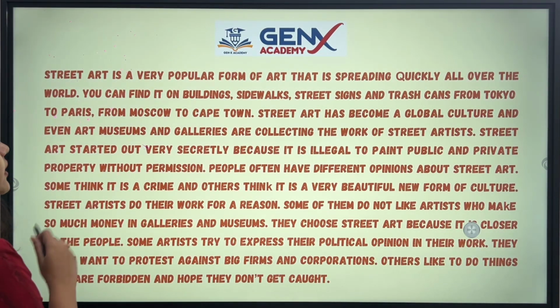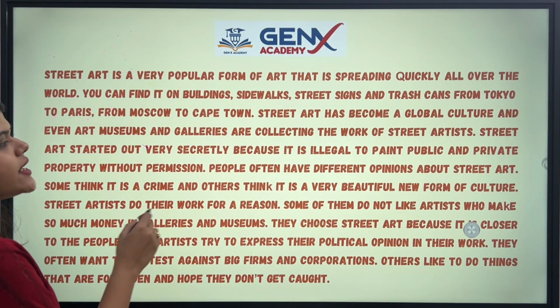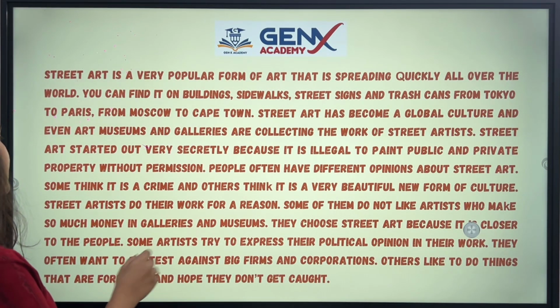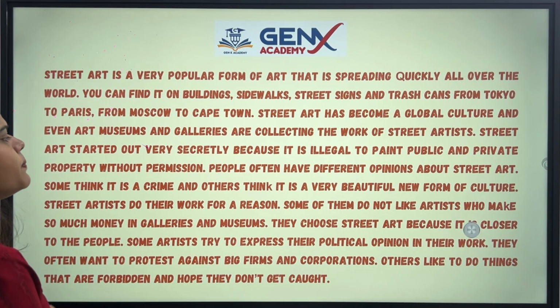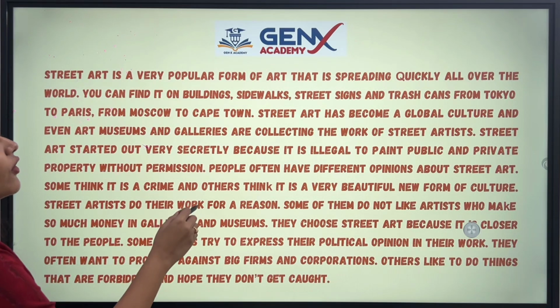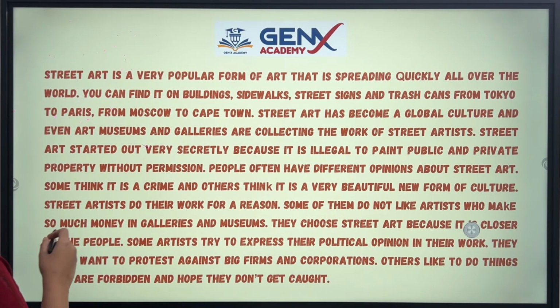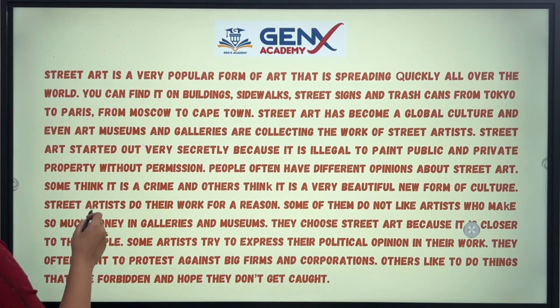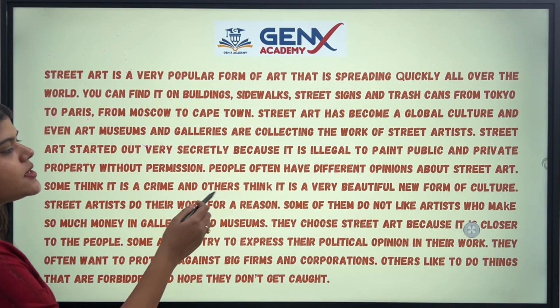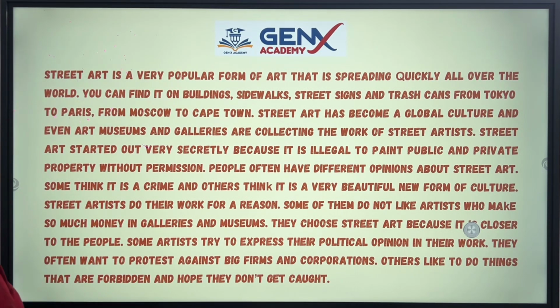Street art started out very secretly because it is illegal to paint public and private property without permission. People often have different opinions about street art. Some think it is a crime and others think it is a very beautiful new form of culture.